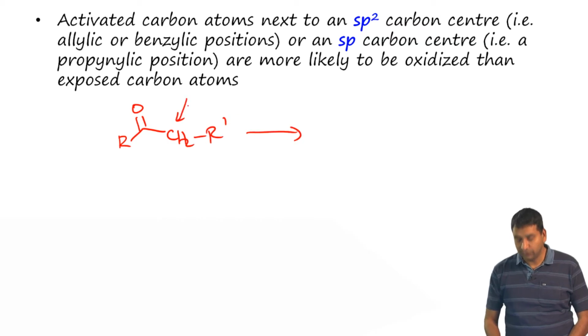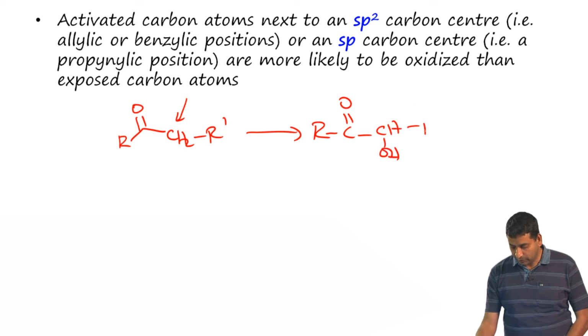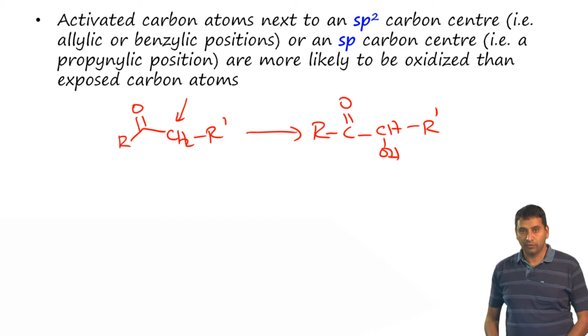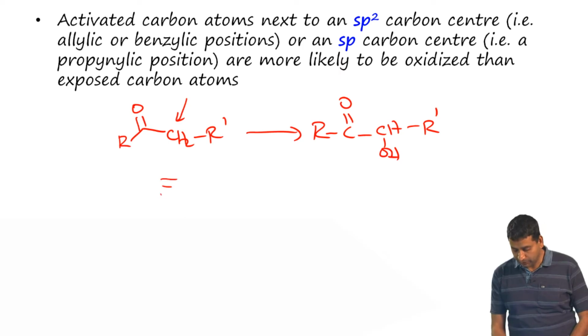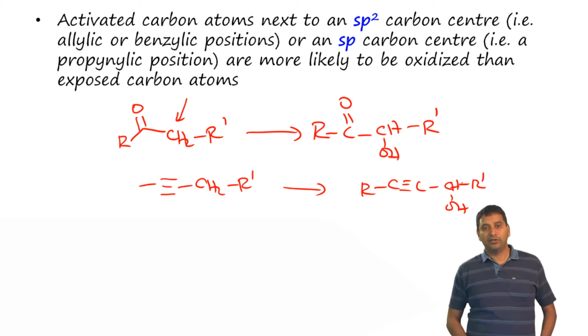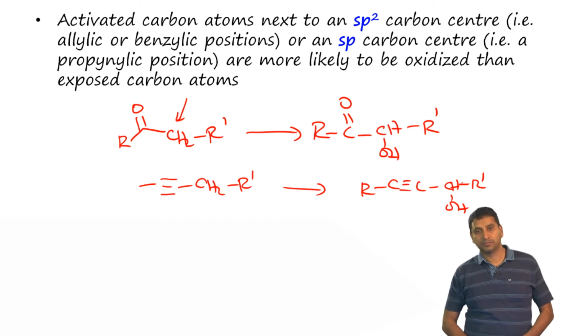Now, this position here is quite susceptible to oxidation, and so you can have R C double bond O CHOH R prime, right. And as I mentioned earlier, you can also have similarly the sp carbon, which is basically a carbon carbon triple bond, which will form CH2 R prime, can undergo oxidation to R C triple bond C COH R prime. Okay. So, these are the major reactions that one could expect in the case of sp2 or sp carbons.